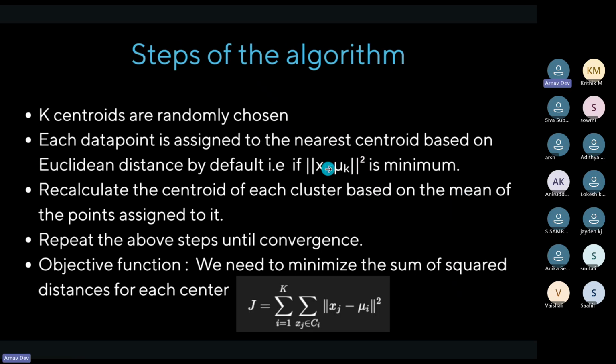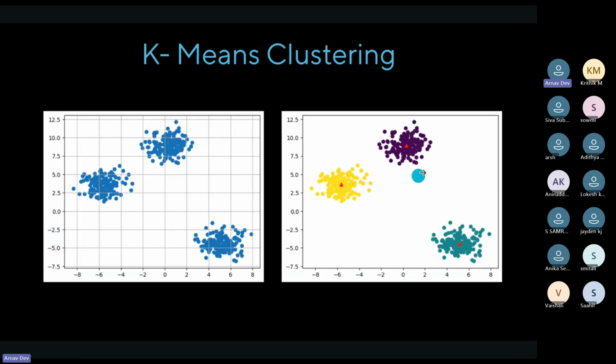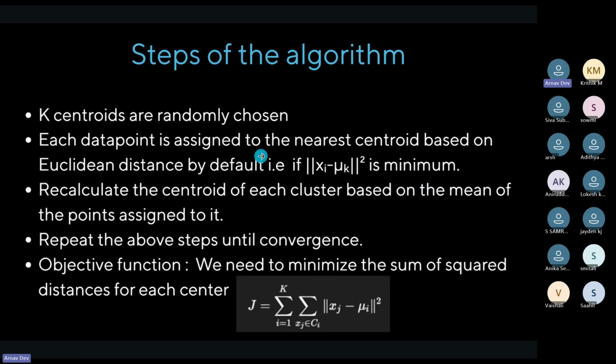So let's move on to the steps of the algorithm. First of all, we choose k different centroids randomly. In this case, k is three, so three different centroids are randomly chosen, and then each data point is assigned to the nearest centroid based on the Euclidean distance.